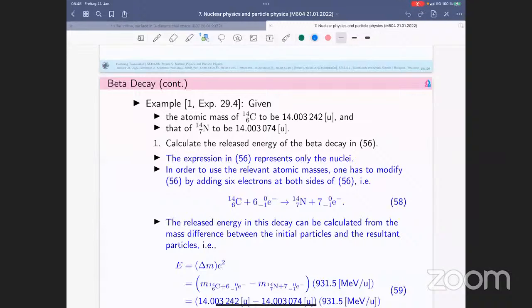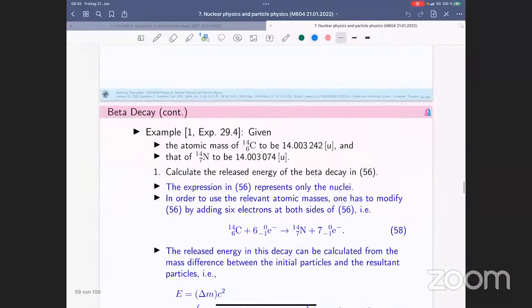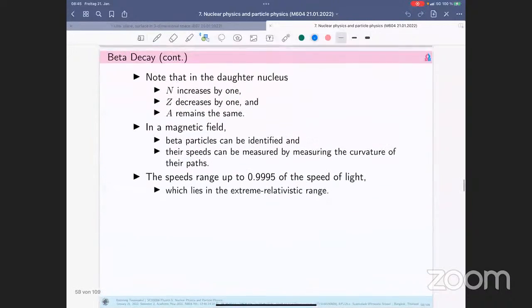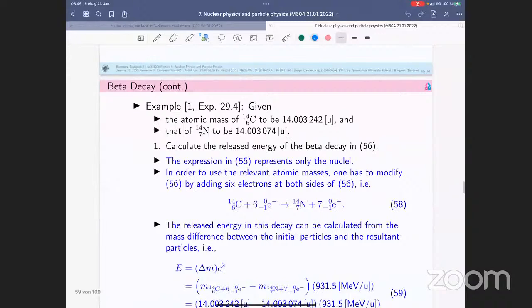And here too, HDMI. Okay. For us, beta decay calculation, right? We're gonna find the linear energy for the beta decay. It's the conversion from carbon to nitrogen 14, right?